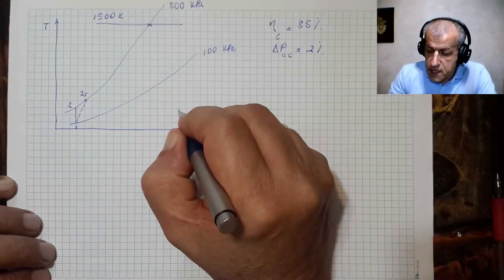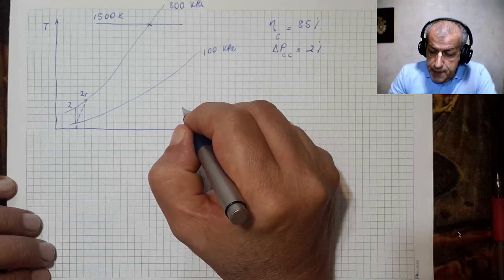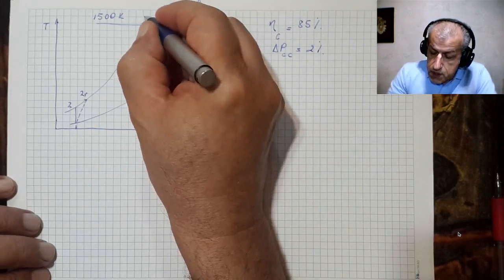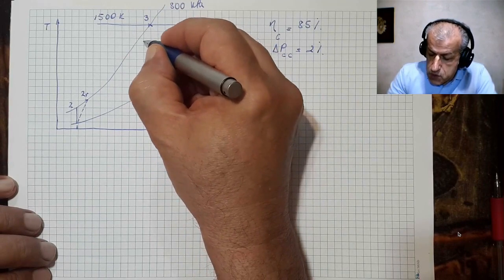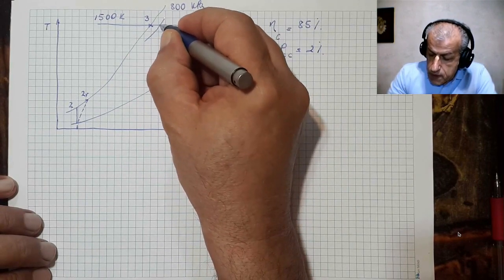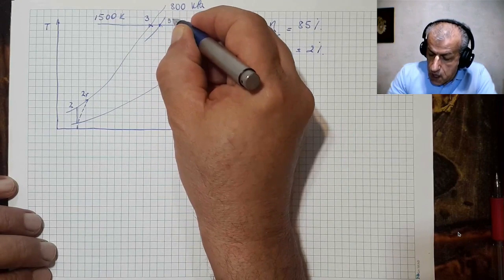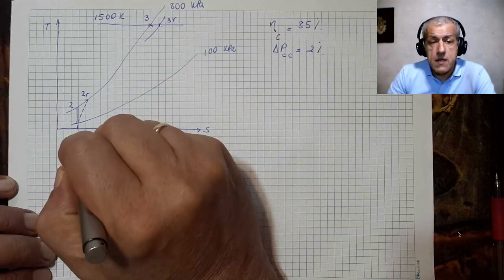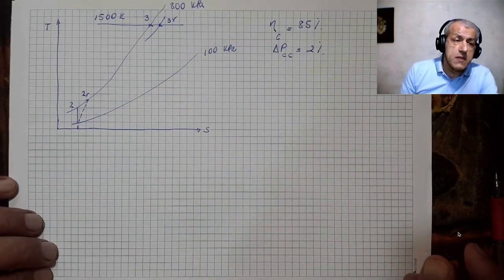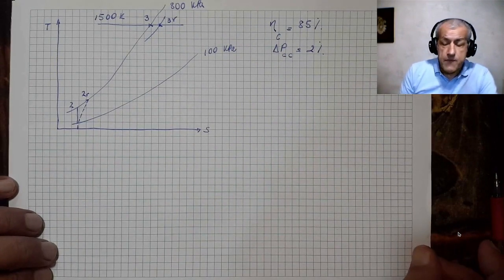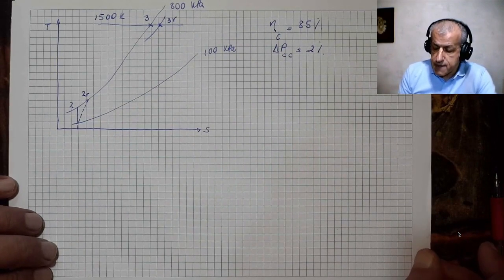And therefore, instead of having the point 3 as it is, we would have another point, which is this one, which is 3R, and its pressure is less than the 800 kilopascals, which was the pressure for the ideal cycle.